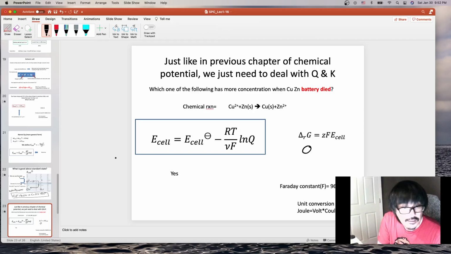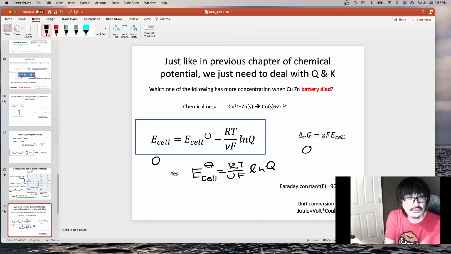So the E cell is equal to zero, then E cell naught is equal to RT over nF log of Q. So the Q is going to end up at a particular concentration so that it's going to cancel out this E cell naught.